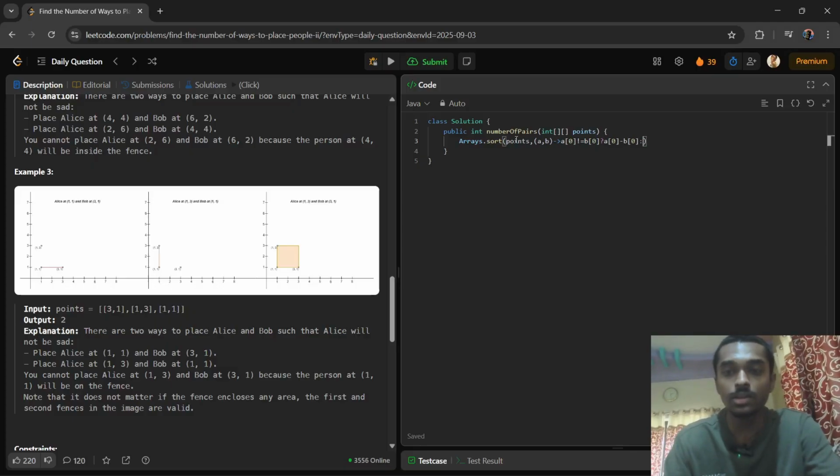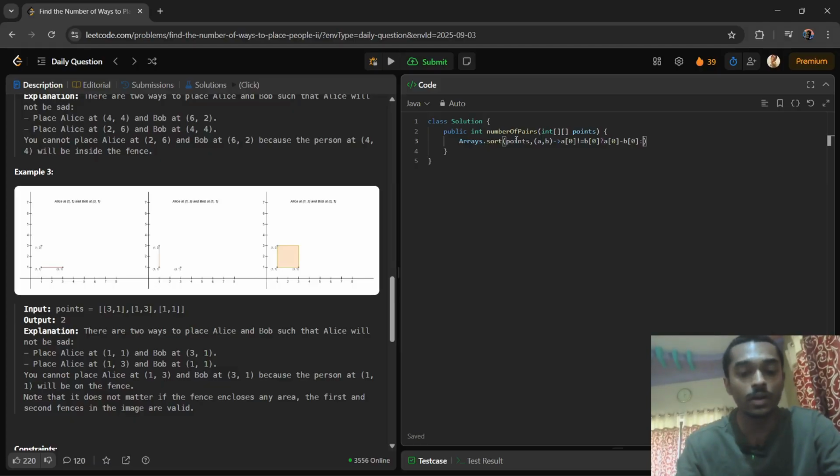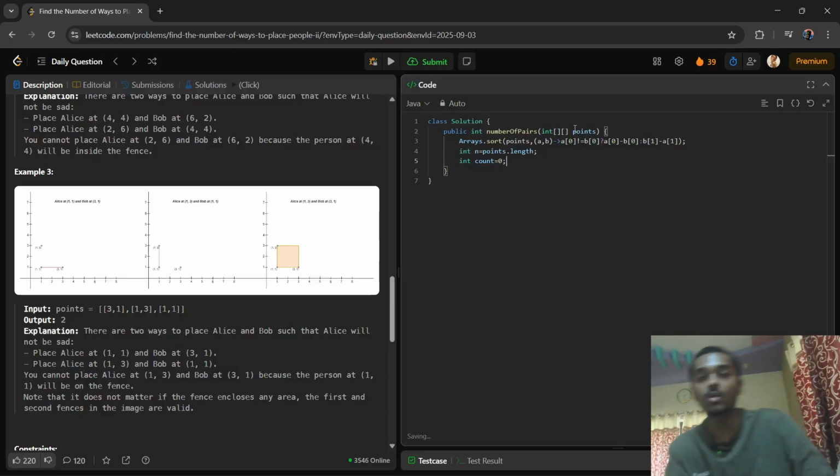If these values are the same, then we have to sort according to y in descending order, that means b of 1 minus a of 1. Then we calculate the length, n equal to points dot length, and we calculate our count, how many valid pairs there are. The count starts at 0.